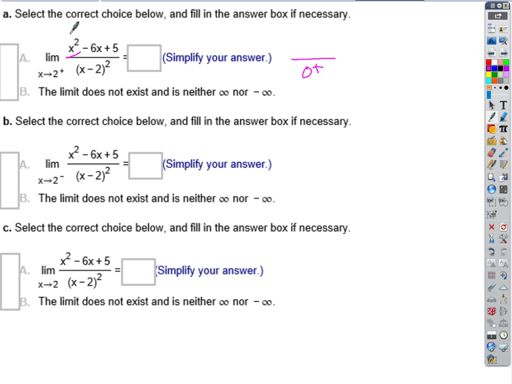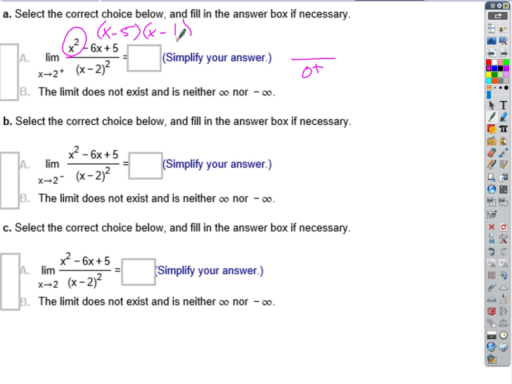All I need to worry about is just that first term. Agreed? Okay, so the first term is going to be positive, right? We could factor the top, and we've talked about that too. If we factor the top, it would factor into x minus 5 and x minus 1, right?